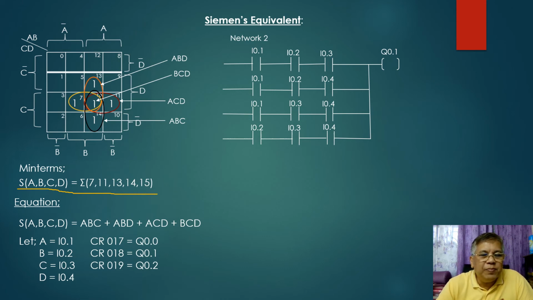So for our map, there are no 8 adjacent cells, no 4 adjacent cells. So we go to 2 adjacent cells.